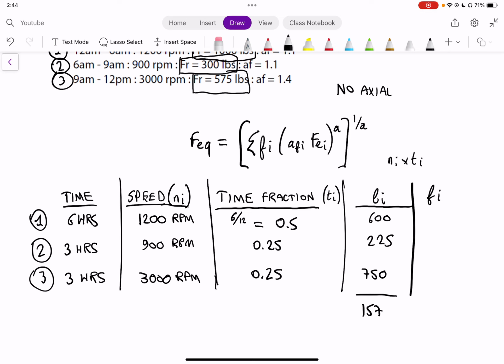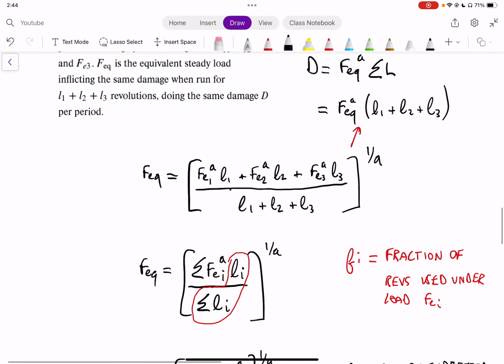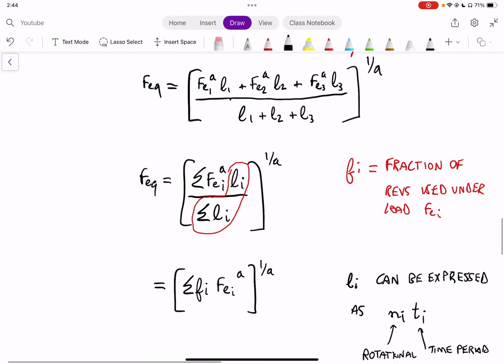which is 1575. And if we go back to our definition of F sub i, F sub i is the fraction of revs used under load i. So it's L sub i divided by the sum of L sub i. In this case, it would be L1 over the sum of all the Ls, then L2 over the sum of all the Ls, and L3 over the sum of all the Ls.